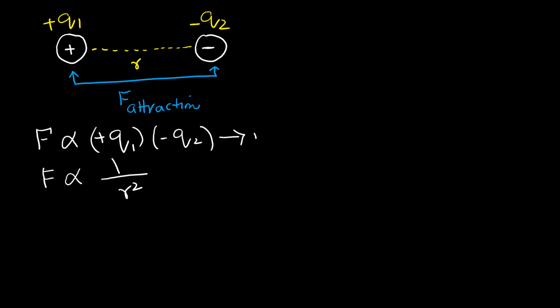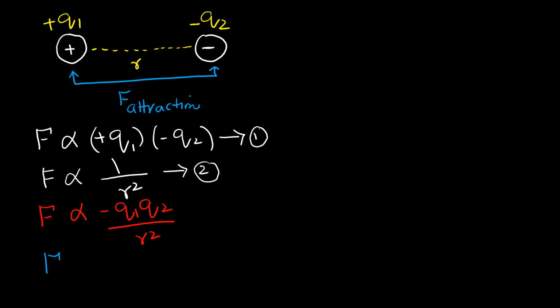Suppose we write this as equation number 1 and this as equation number 2. If we combine equation 1 with equation 2, we get force of attraction between two opposite charges equal to minus Q1 into Q2 divided by R square. If we remove the constant of proportionality, we get force of attraction is equal to constant into minus Q1 into Q2 divided by R square.